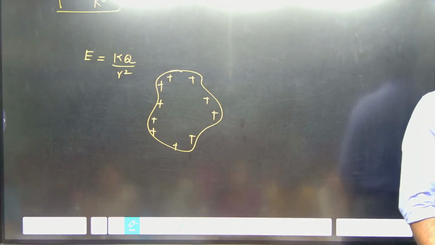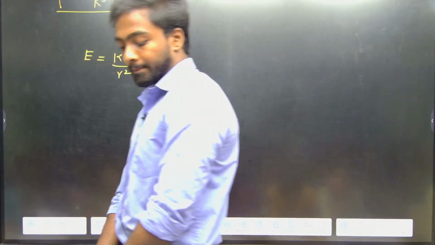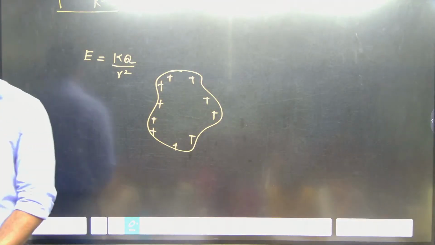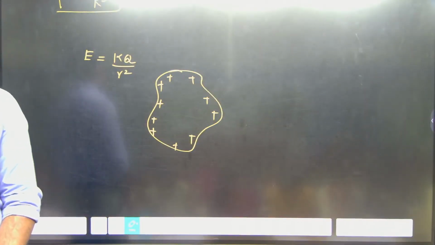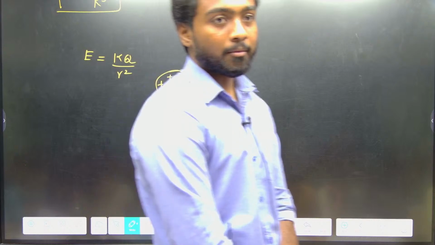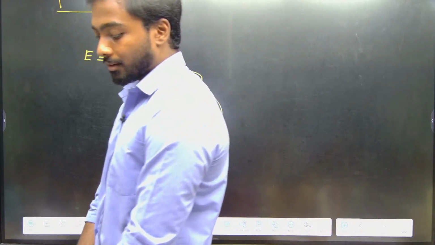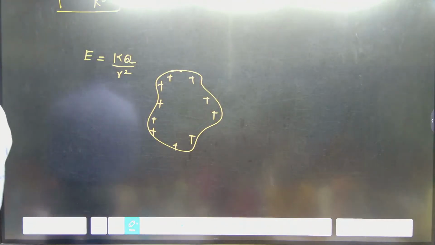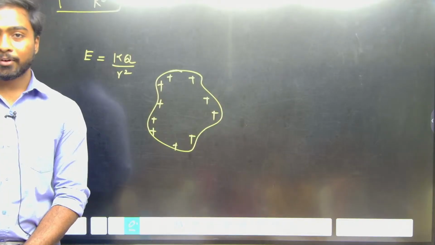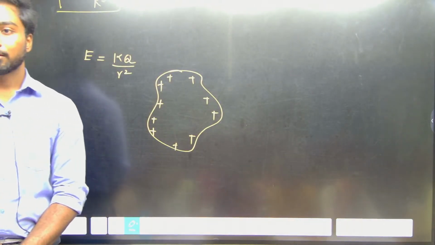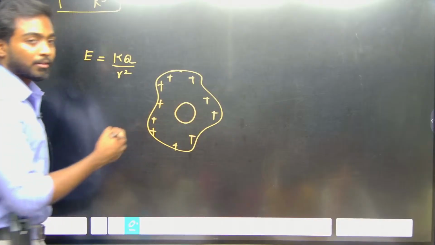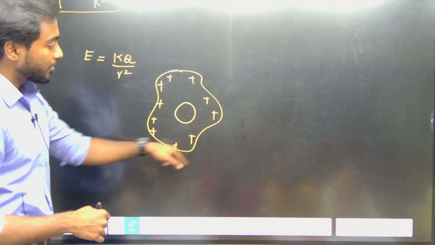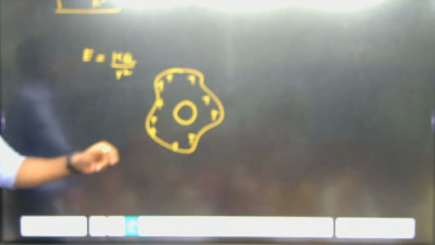If there is a cavity inside, charges will lie on the surface of the conductor, not on the cavity. I will repeat the sentence. If there is a cavity inside, charges will lie on the surface of the conductor, not on the cavity. So if I talk about the same diagram, some cavity is present here, okay, but charges will always lie on the surface of the conductor, not on the cavity, okay. Now next one.